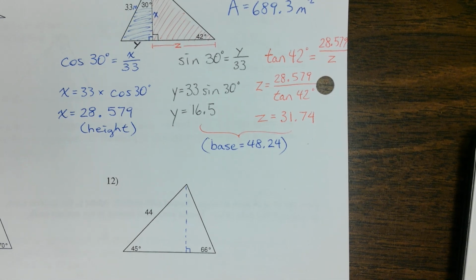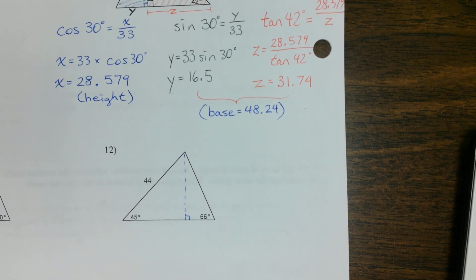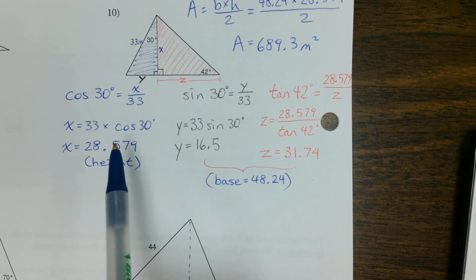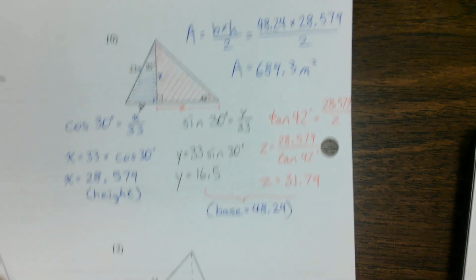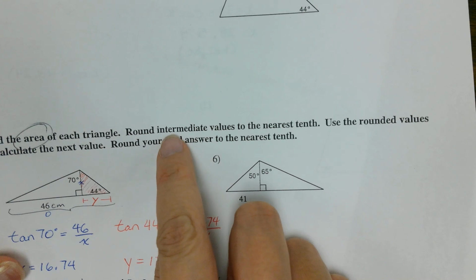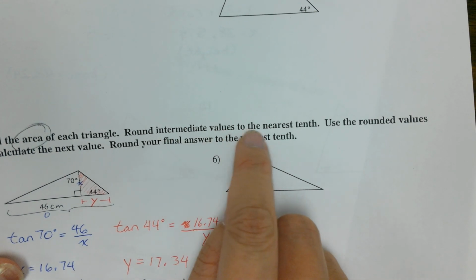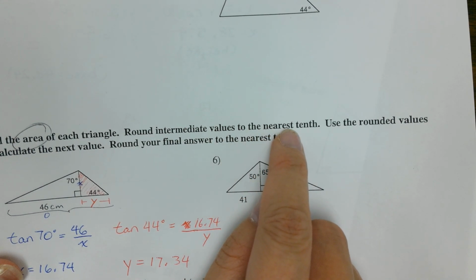Would we get marks taken off if we round the answer while doing the solving? Because Trig review 2 actually said that the total area is 690.7. That's because the question said to round intermediate values to 1 decimal place only, but that's not good.